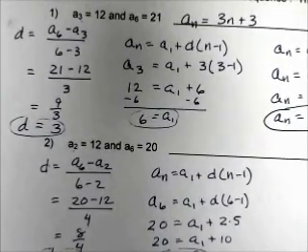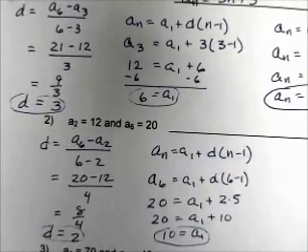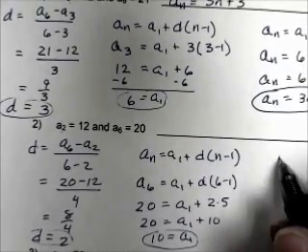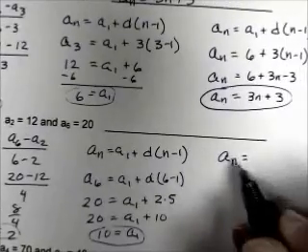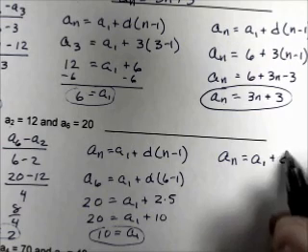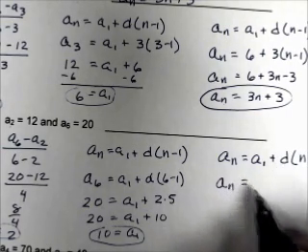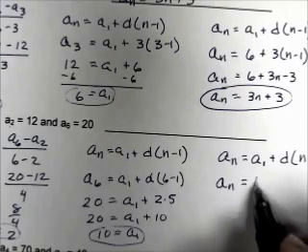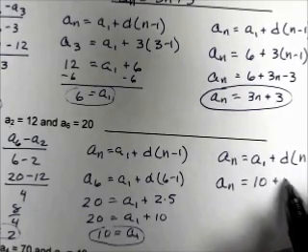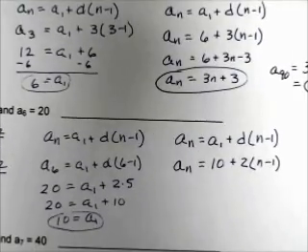We need to know d and our first term in order to come up with our rule. So back to the formula, a sub n equals a1 plus d times n minus 1. Keeping n as a variable here, replacing a1 with its value, d with its value of 2. Okay.